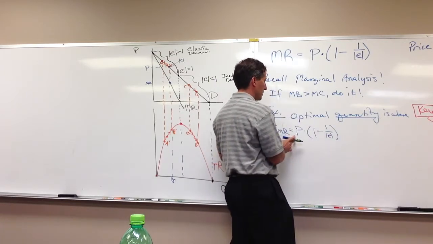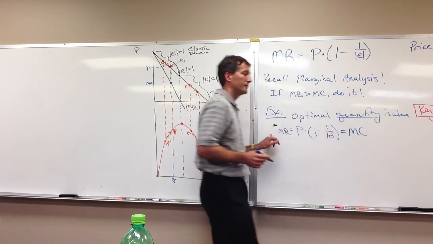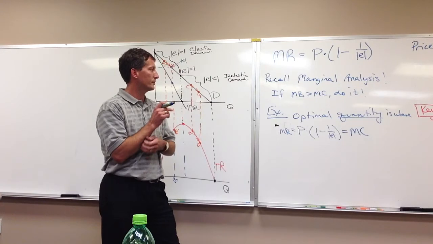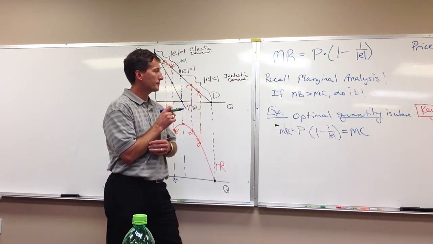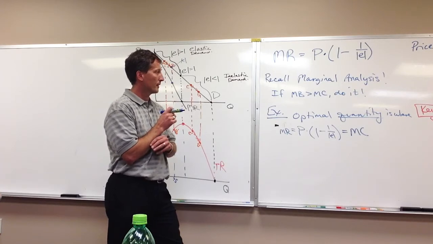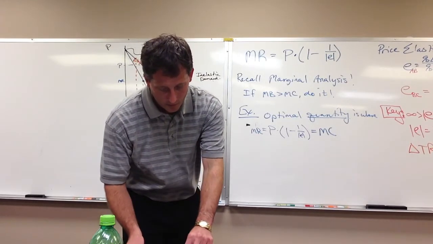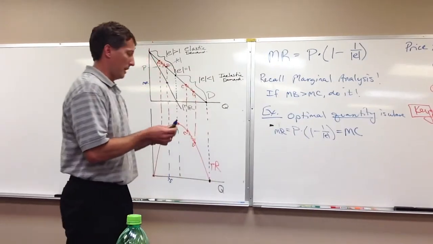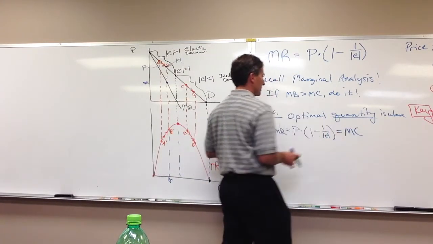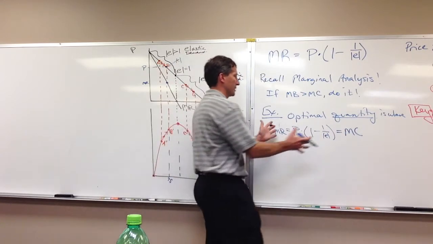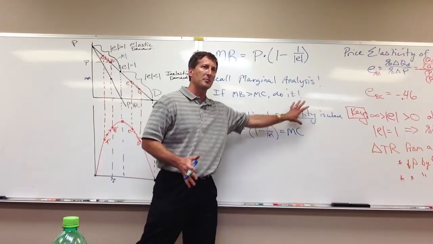The optimal quantity occurs where marginal revenue equals marginal cost. If we do a little bit of math and rearrange the terms, we can put this expression of marginal revenue. Let me pause there for a second. Is everybody with me on this? So the optimal quantity would be that.